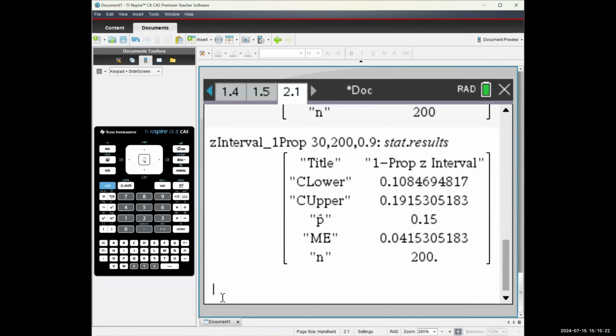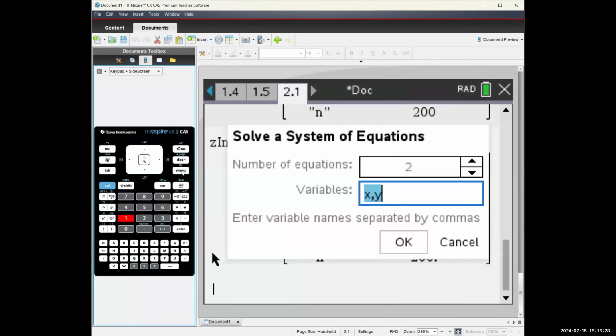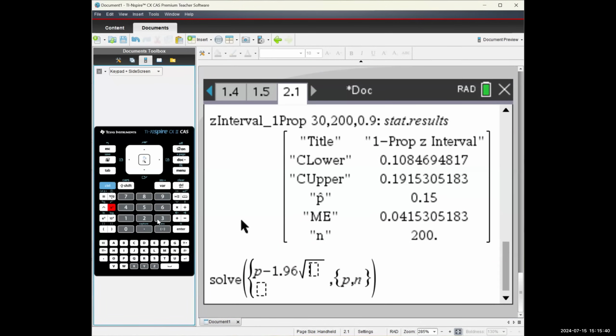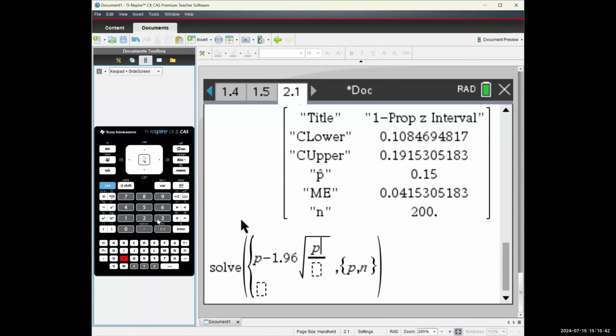So what I'm going to do is menu 3 7 1. We have 2 equations. Let's just use p comma n, referring to p hat and n. And I've got p minus 1.96 times the square root of fraction, p times 1 minus p divided by n equals 0.062.